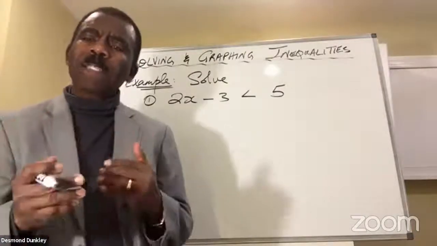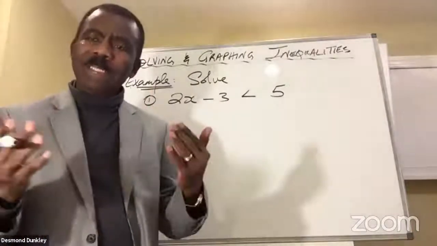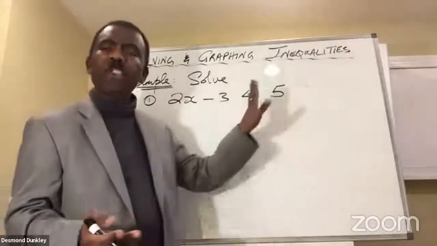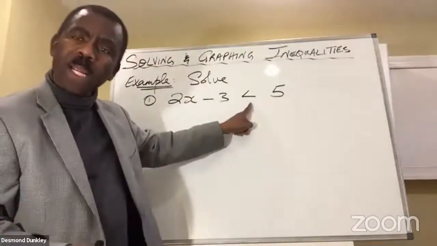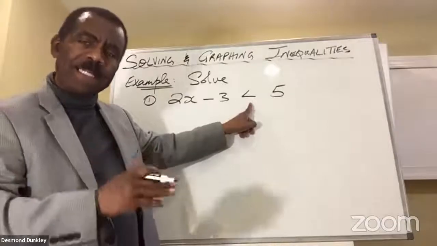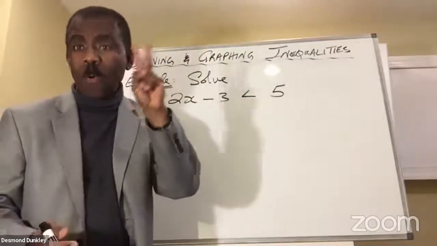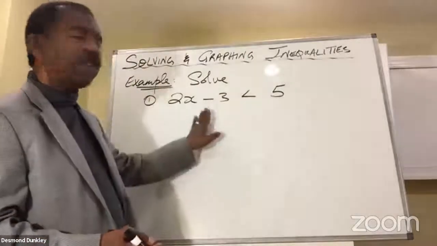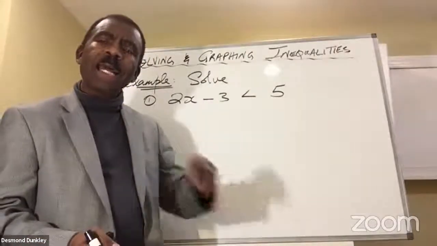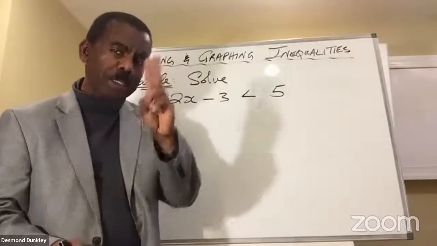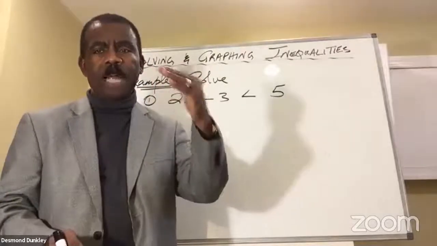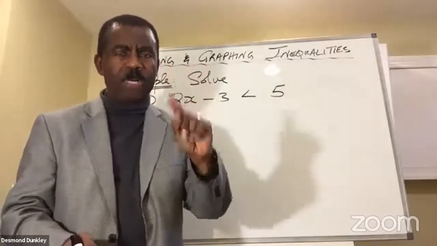For most part of your processing, you will treat it just like you would treat an equation. The process is the same, except in 2 situations only. Everything goes as normal, except for 2 situations. I will discuss those 2 situations shortly.